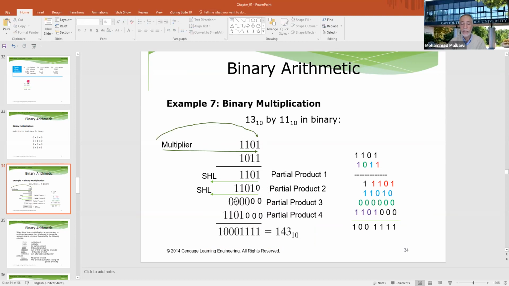So I'm adding now. When I add, I have 1 plus 0 plus 0 plus 0 is a 1. 0 plus 1 plus 2 zeros is a 1. Then 1 0 0 0 0 is a 1. That's my third bit. My fourth bit now here is 1 plus 1 plus 1, which is 1, and there is a carry. Then 1 plus 1 plus 0 plus 0, that's a 0, and there is a carry.